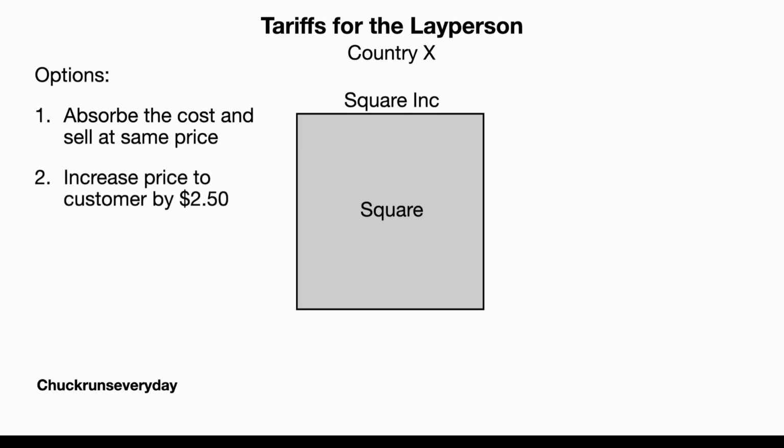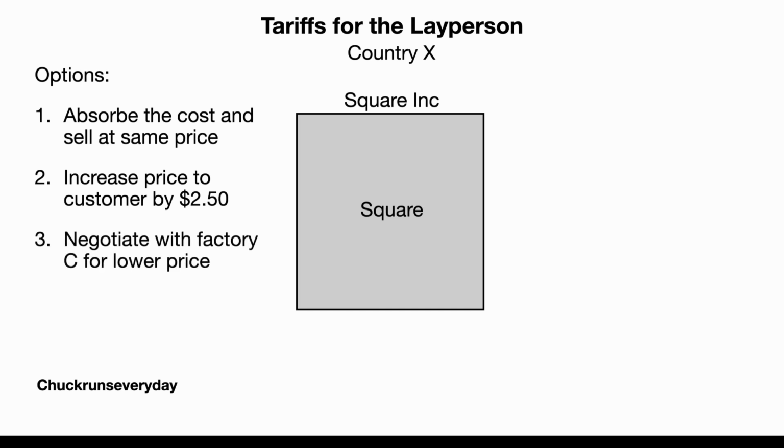Option 2, increase the price to the customer by $2.50, so then they can just basically recoup the money they spent on the tariff, but then the customer will end up paying $52.50 for the square.